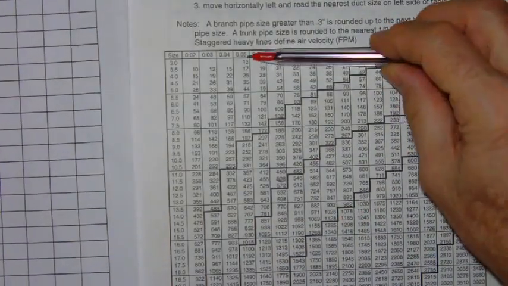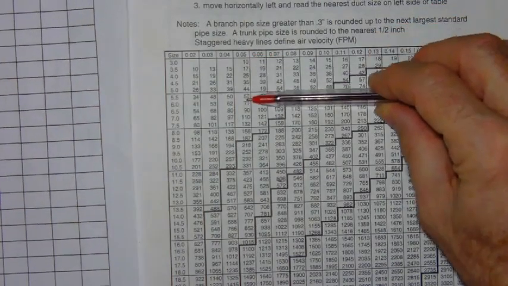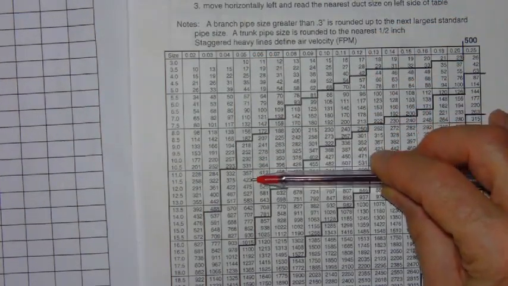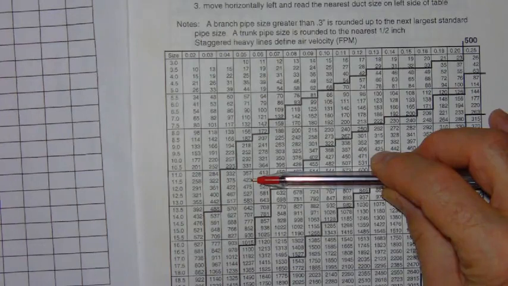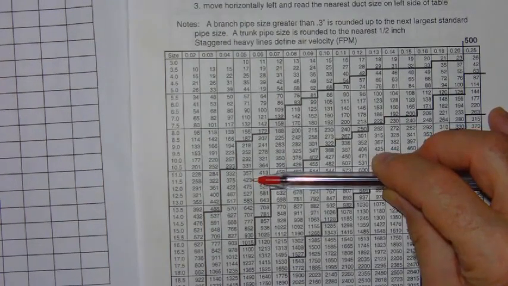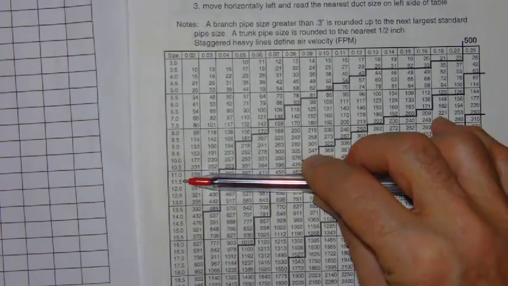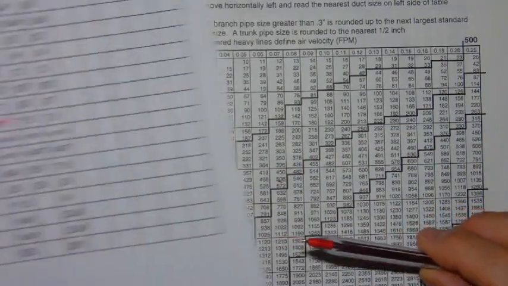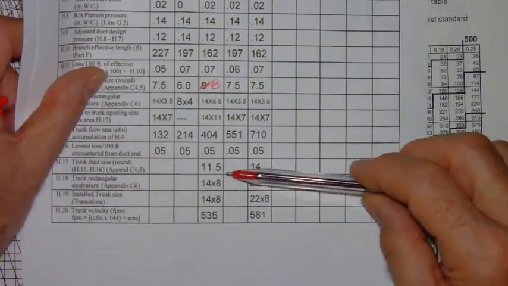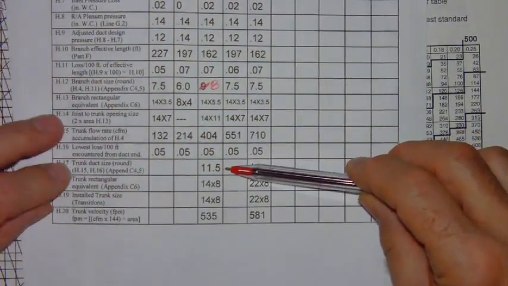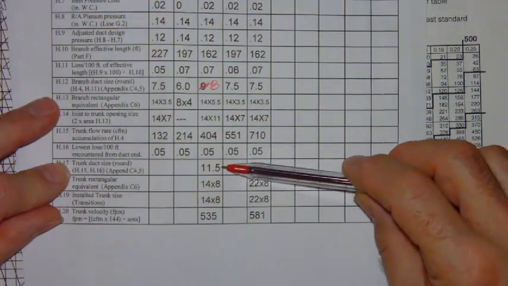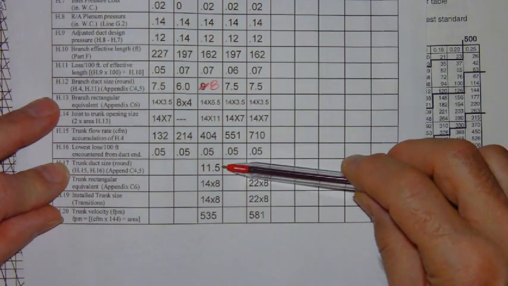Under 0.05, we're going to scan down and find 404 CFM. In this case, we've got 423 CFM. That's our nearest airflow rate, and that is equal to an 11.5-inch round duct. And so we can put in our round trunk duct size here at 11.5.